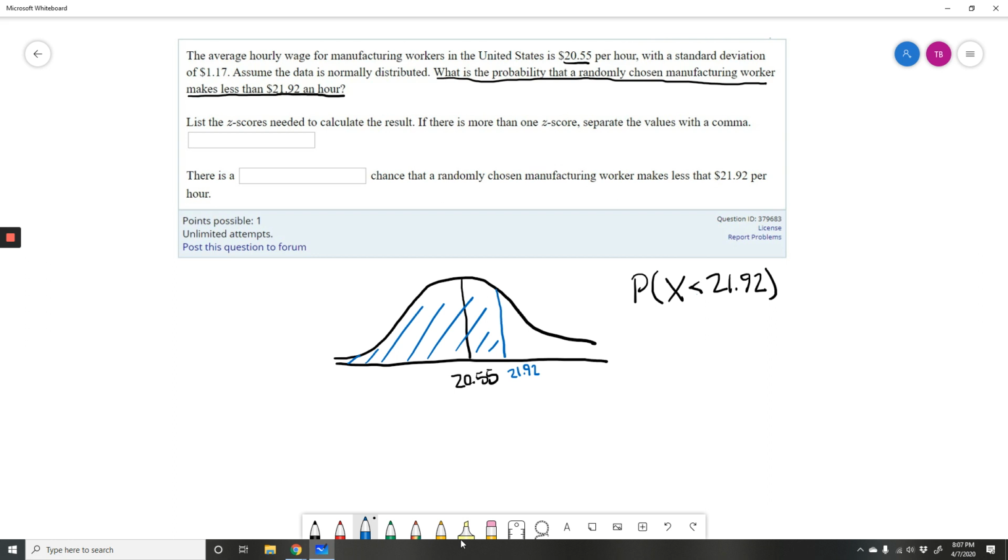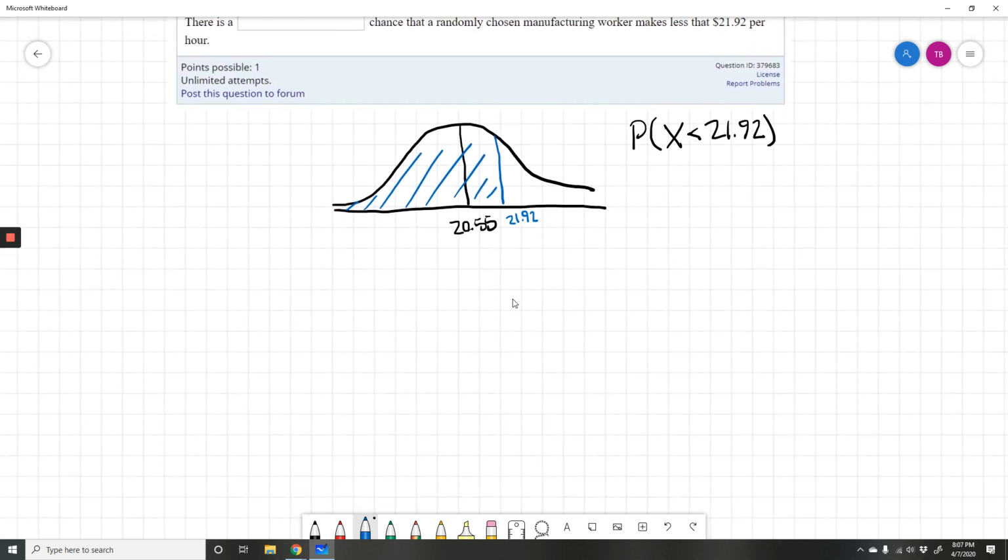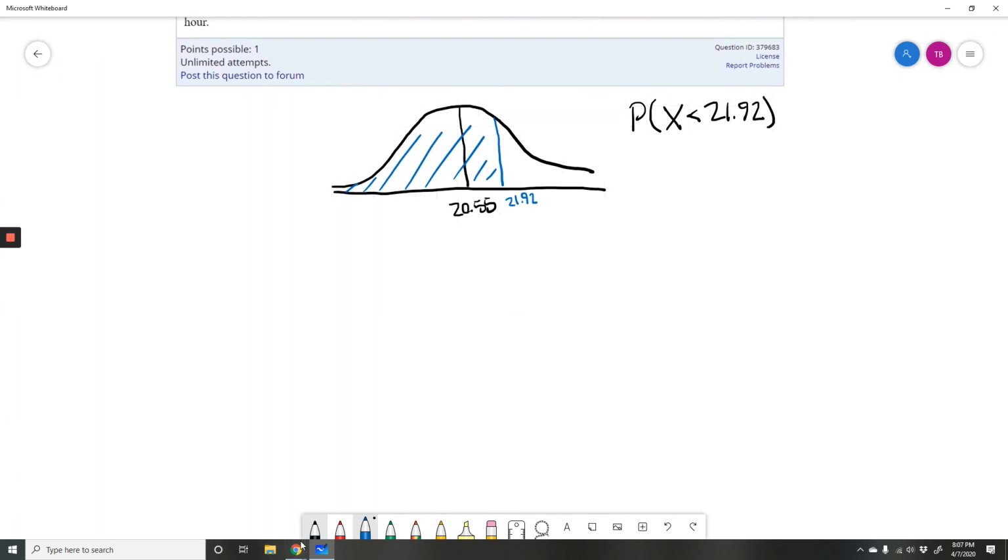So our strategy for this, when we are dealing with a non-standard normal distribution, we first convert it to a standard normal distribution, okay? So let me illustrate. So we start with our X, okay?